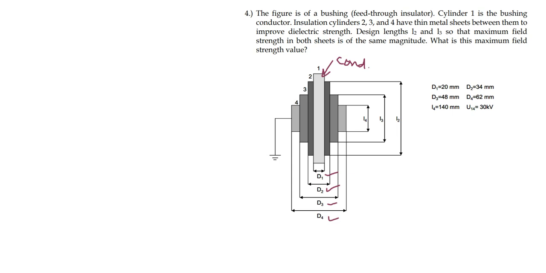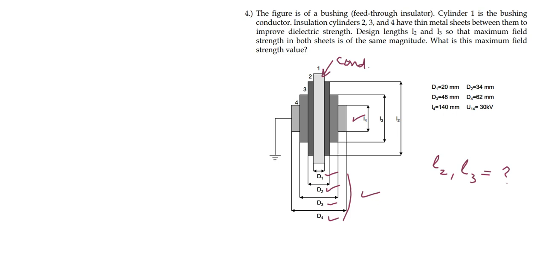We are also given the lengths of the different layers, L4, L3 and L2. In the question, we are required to find L2 and L3. L4 is given, and we are also given all of these D1, D2, D3 and D4.